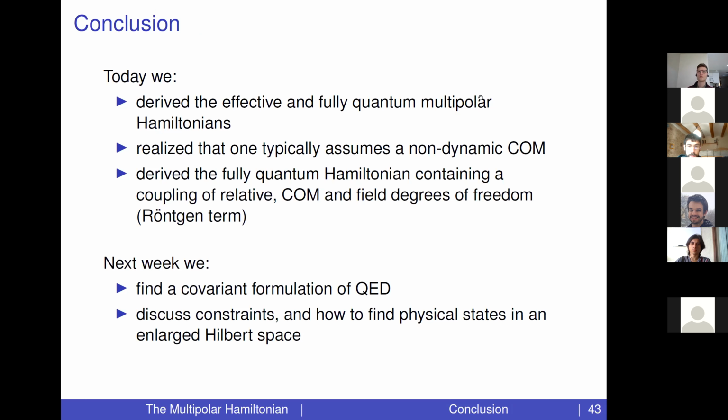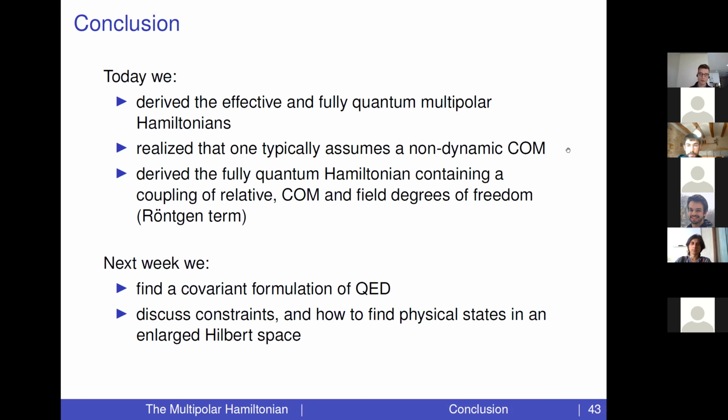And the other one was the fully quantum version, where all degrees of freedom are quantum. So we saw now that by the first method we neglect the dynamics that is associated with the center of mass. And this can be of importance already to leading order.